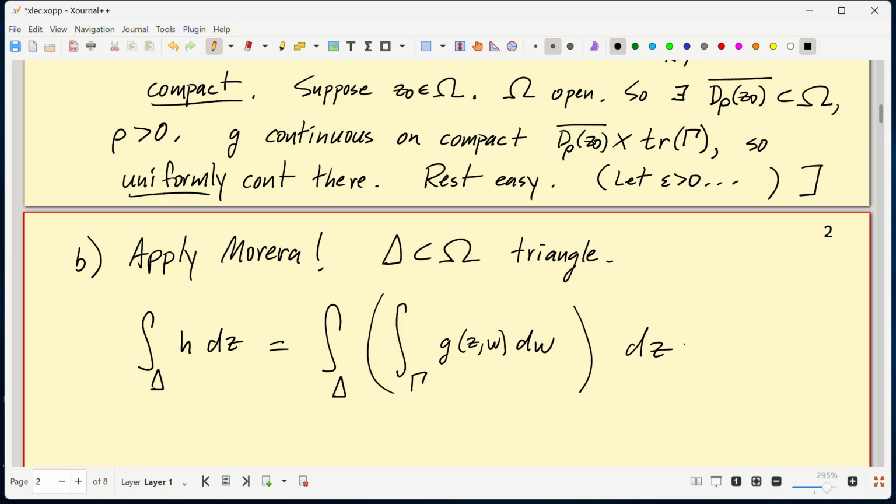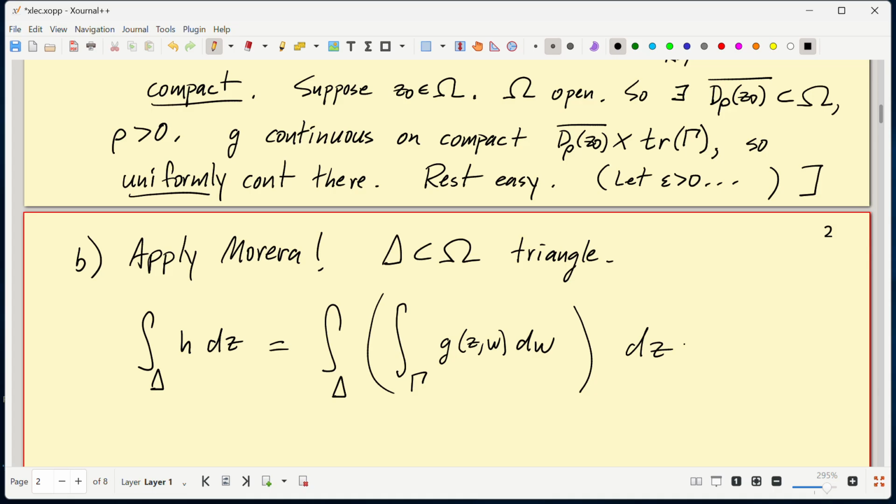And if you write those out in terms of the definition, you get a sum of real integrals. And you've got the a and the b of the parameterization of the triangle, and then you'd have alphas and betas of the parameterizations of the gammas. And when you look at those, you take the real and imaginary parts, they're real integrals.